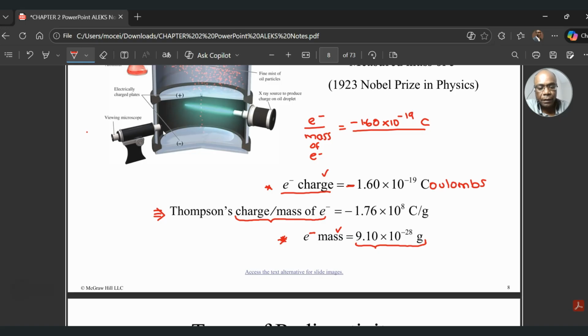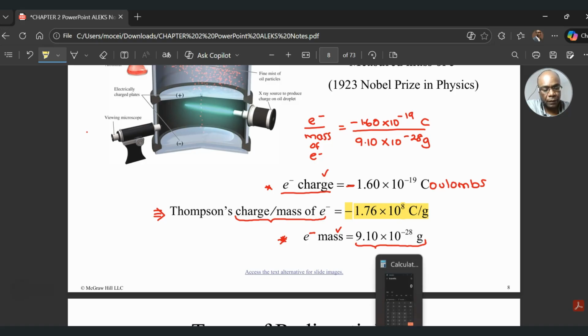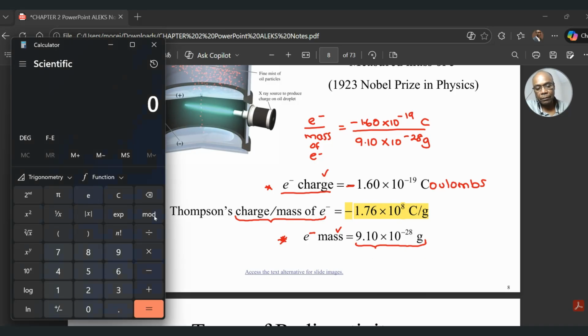Divide that charge by the mass of an electron, which is 9.0 times 10 to the power negative 28 grams. Let's see if our answer will be negative 1.76 times 10 to the power 8, to prove that the two experiments, Millikan's oil drop experiment and Thompson's cathode ray tube experiment, correlate and agree with each other.